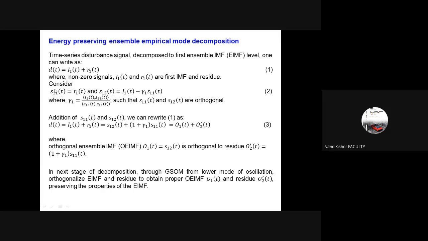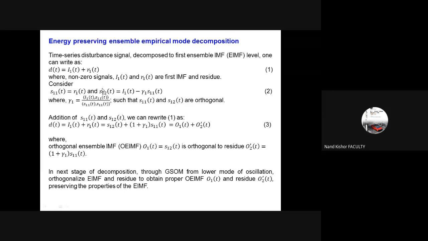We consider, let's say, this signal. In fact, we refer to it as R1 and another part as this one here. So we want to have the decomposition of the IMF into orthogonal form. So we write it in this way, right? And such that this signal and this signal are orthogonal to each other here.